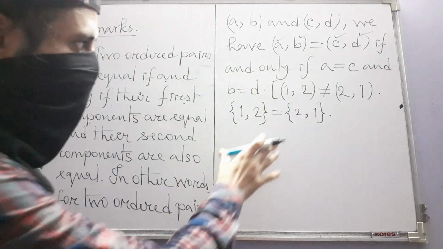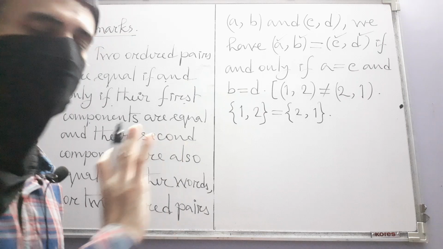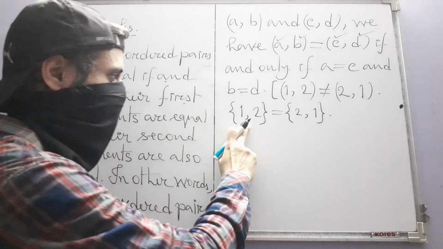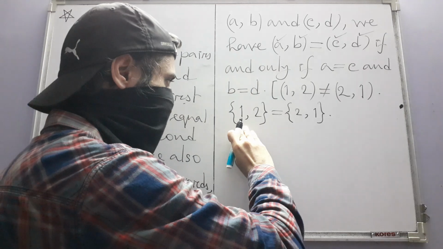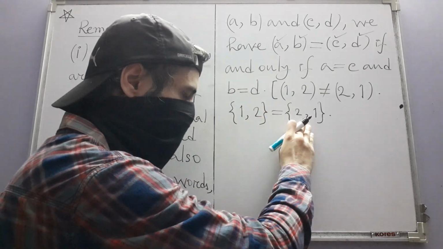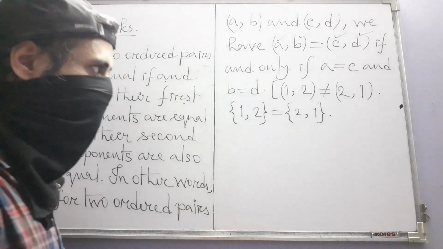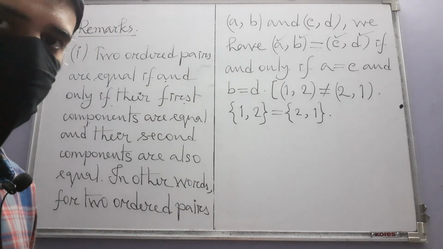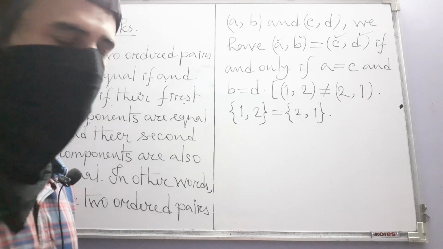The definition of this equality and the definition of this equality are entirely different. Here we just have to keep in mind that every element of this set is also there, and conversely every element of this set is also there, so that each one is a subset of the other. That is ordinary set equality.